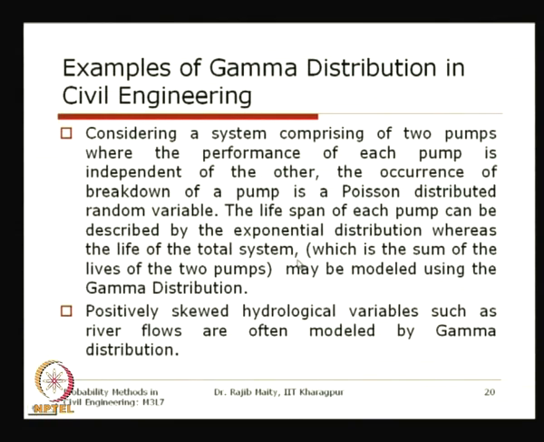Now, some examples of this gamma distribution, and possible applications of the gamma distribution to civil engineering problems. Basically, before I come to this specific example, when we started the gamma distribution, we said that if we add up distributions like the exponential distribution, or in the discrete case the Poisson distribution, the resulting distribution will come to a gamma distribution.